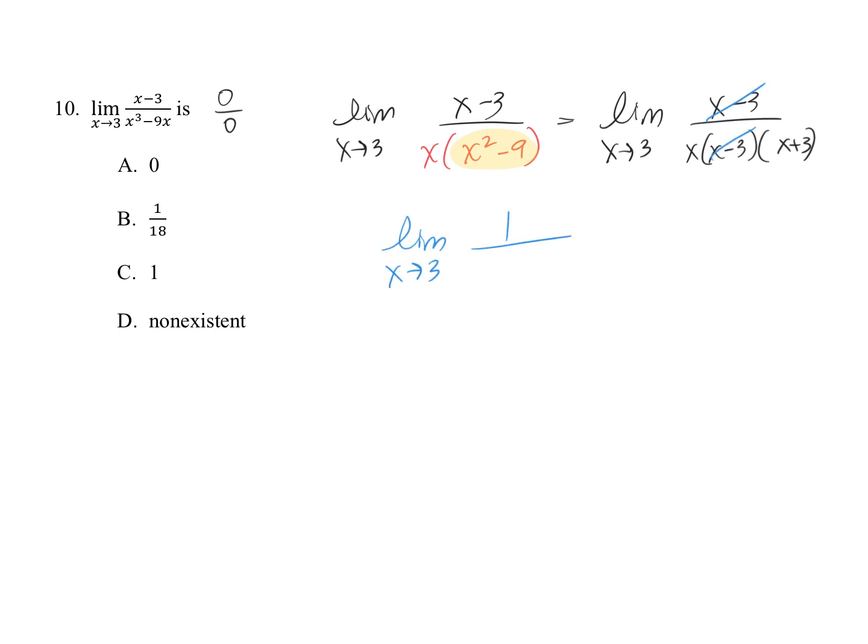Yeah, don't forget that 1. Over x times x plus 3, which would be x squared plus 3x. True, and you could do that if you want. Regardless, we got to throw a 3 in there. That's going to get me 3 times 6 on the bottom. Final answer, 1/18. Perfect.